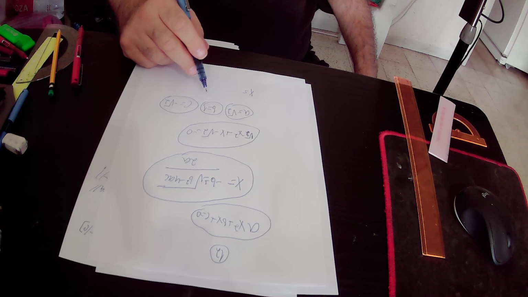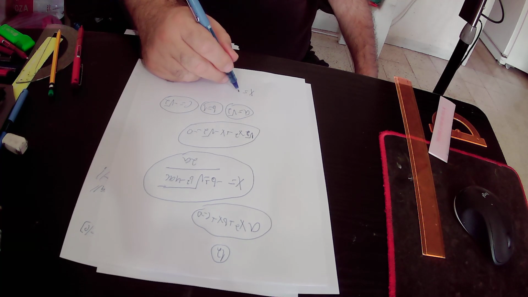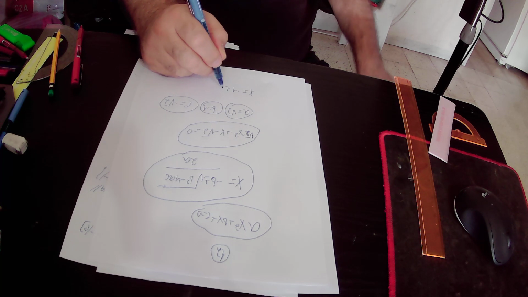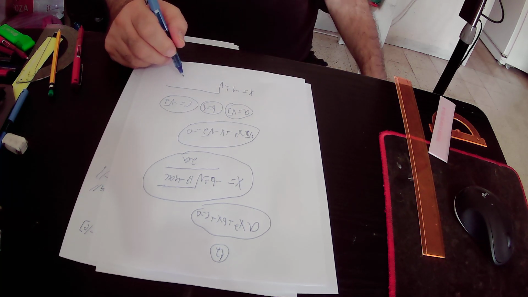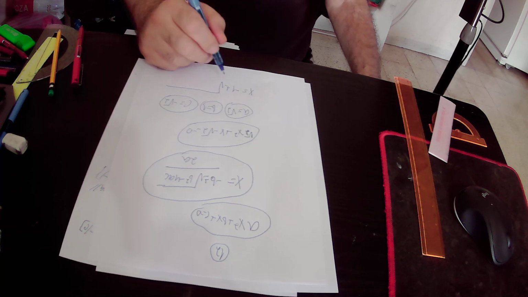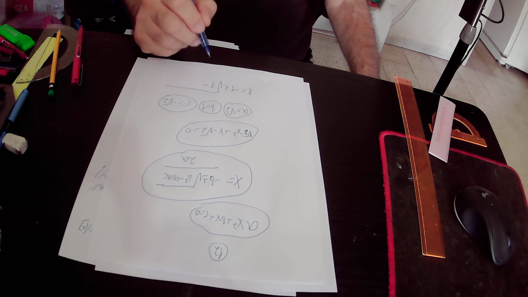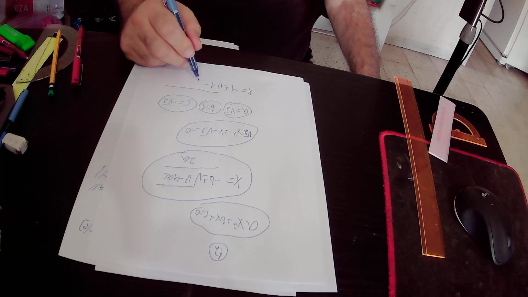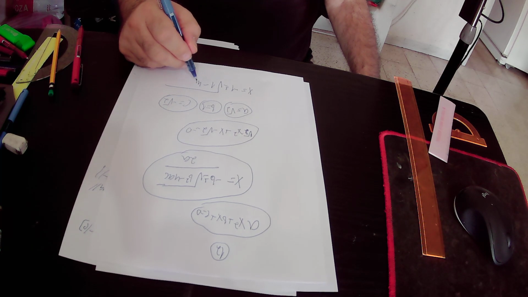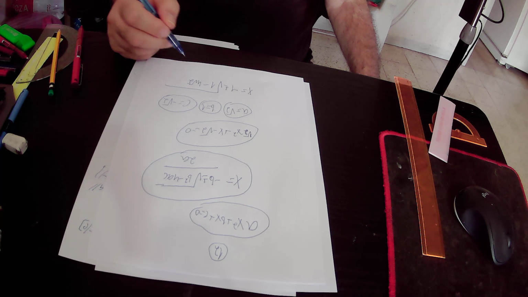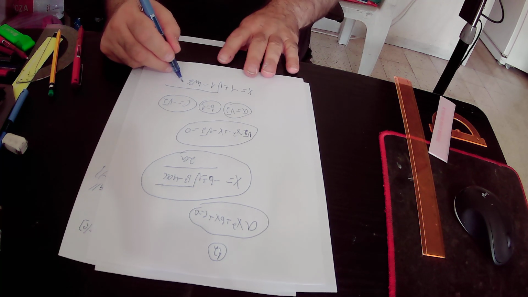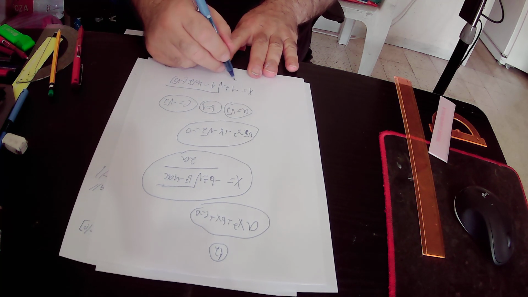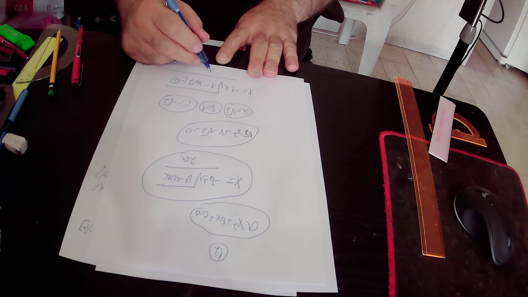We know that b equals 1, so minus b is minus 1, plus minus root of b squared, which is 1, minus 4 times a, which is 4 times root 2, times c, which is minus root 2, all divided by 2 times a. 2 times a is 2 times root 2.